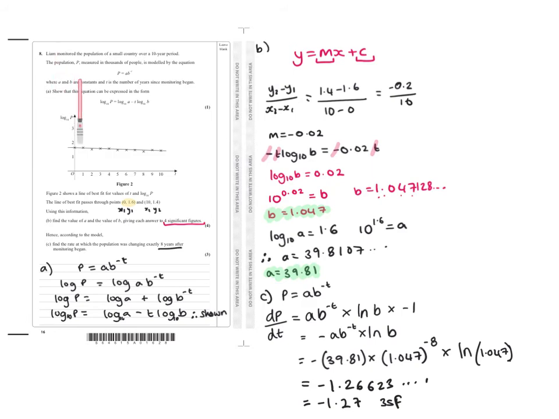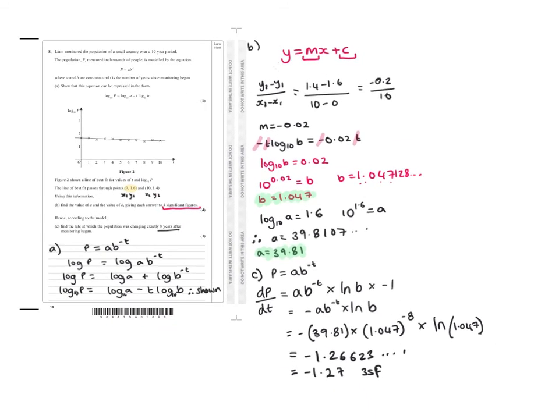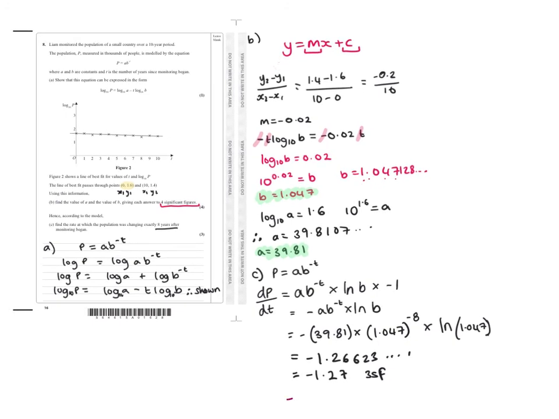So, it is measured in thousands of people. So what do we need to multiply this number by to get an accurate representation of the rate at which the population was changing? Got to multiply it by 1,000, okay? Always make sure you read the question, because you will lose a mark if you don't do this. So we're going to have minus 1,270 people.